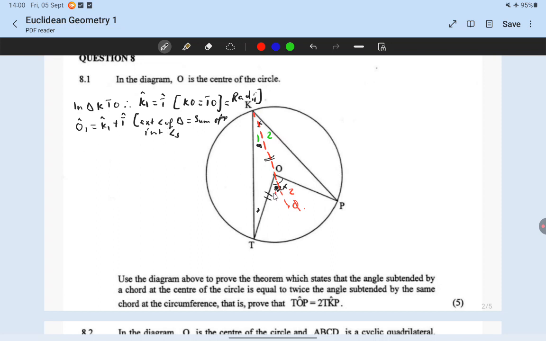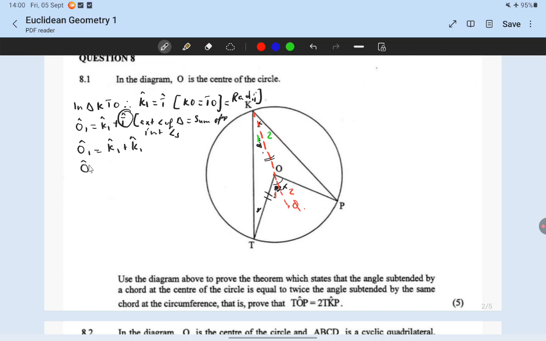So now, if this is equal to this plus this, and we've already said that this is equivalent to that, it means that this will be equal to twice K1. So our O1 is equivalent to K1 plus K1, because already T is equivalent to K1.